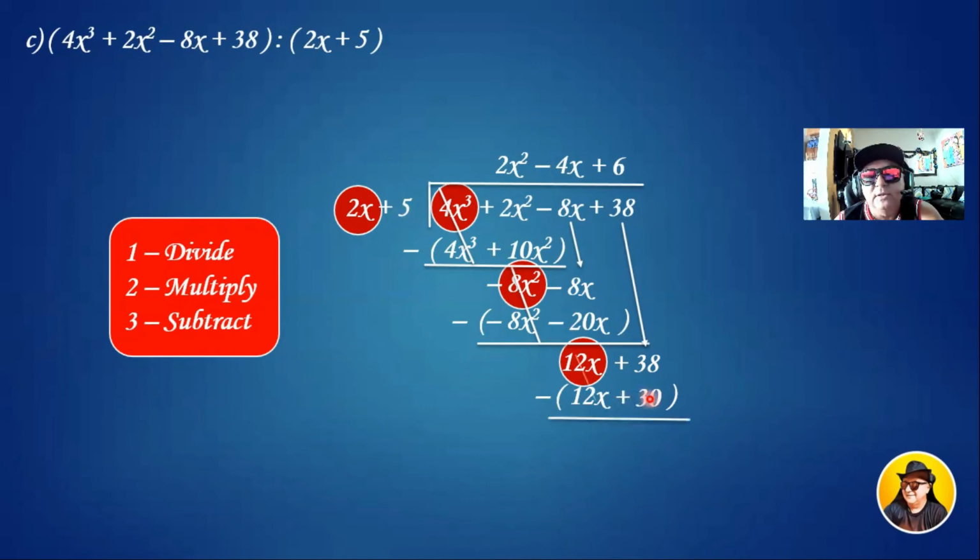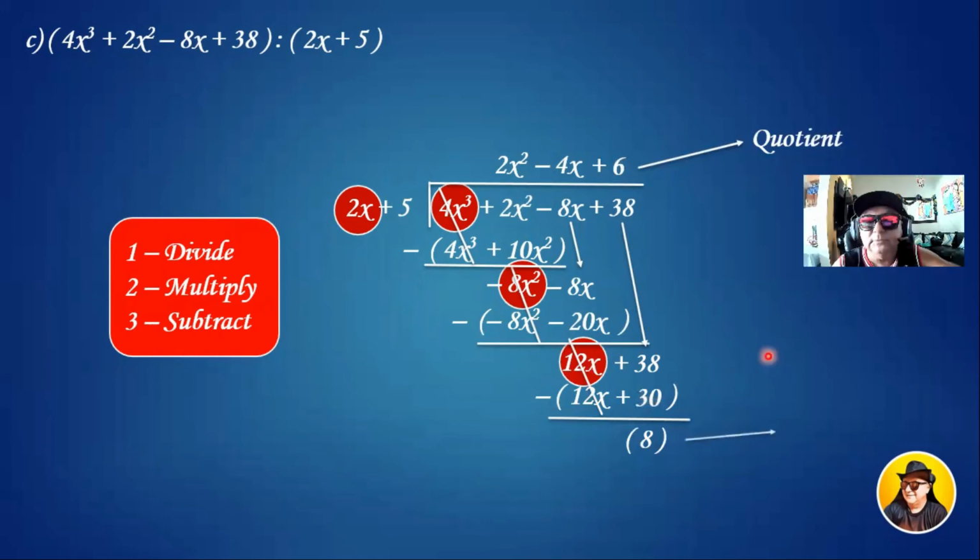Let's operate. 12x minus 12x is 0. Plus 38 minus 30 is 8. All right. So 2x squared minus 4x plus 6 is our quotient. And also 8 is our remainder.